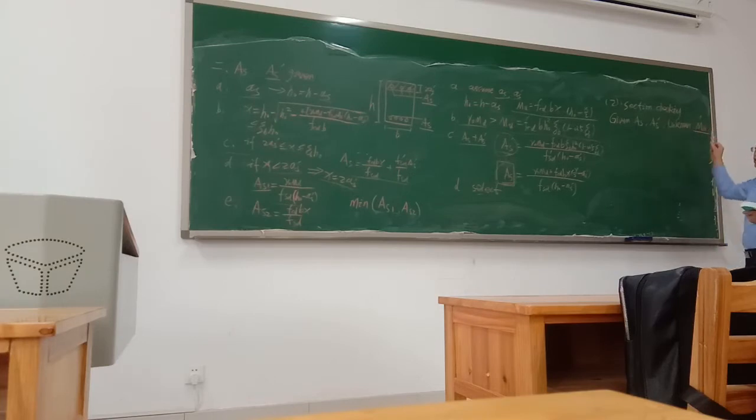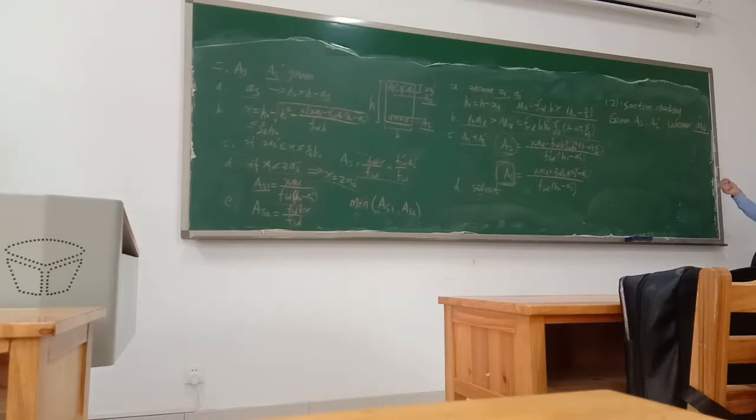So the main purpose is to calculate M_u, the resisting moment, the loading capacity, to check if M_u is larger than γ0 M_d. Once you finish your design, you determine the diameter and the number of reinforcement bars.